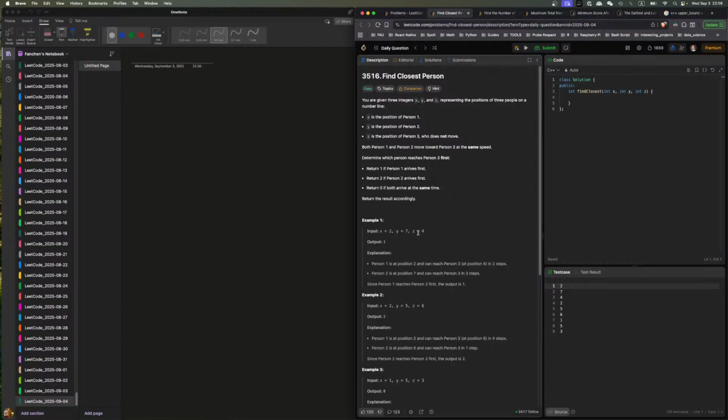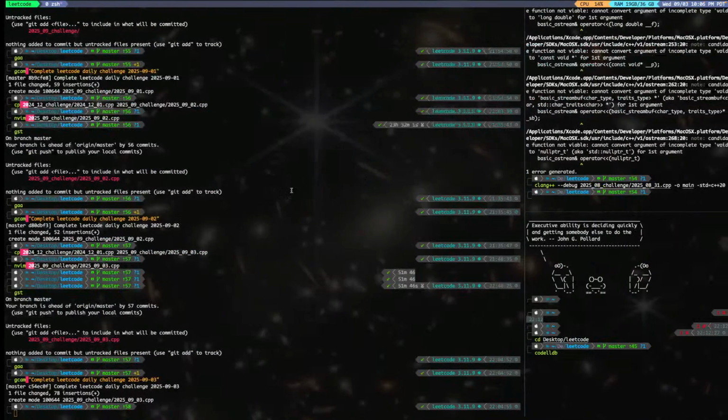So in this example, person 1 reaches first. Basically what you want is the absolute difference between Z and X, and Z and Y. This one will be 2, and this one will be 0 if they arrive at the same time. Okay.